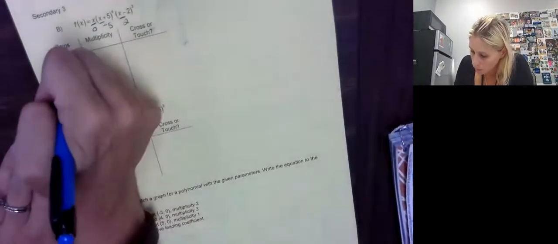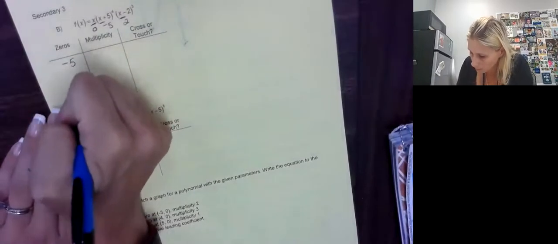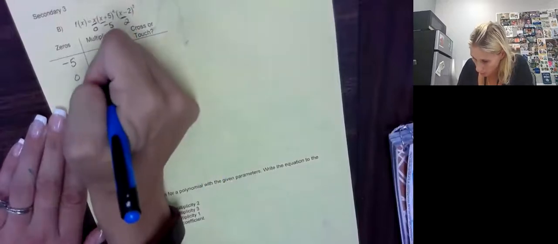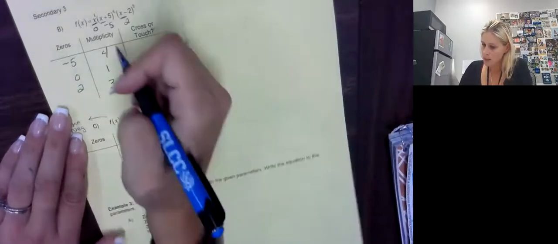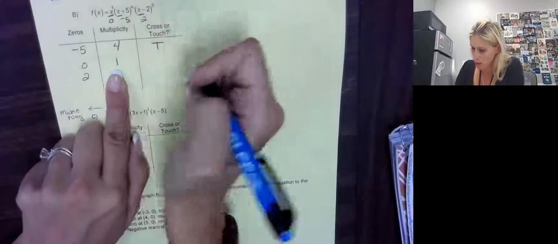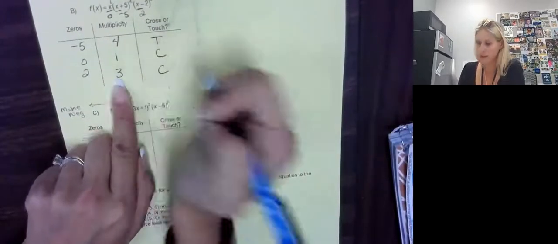So I'm going to put them in order: -5, 0, and 2. The -5 is to the 4th multiplicity. The 0, well, as you can see, that's x to the first, so that's first. And this one is cubed. So, ready? Even is touch, odd is cross, odd is cross.